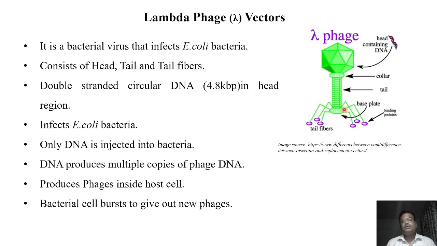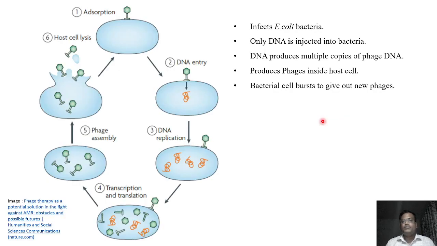So to begin with, you remember phage or bacteriophage is a virus that infects bacteria. To understand more, let us see this picture. So this is a bacteria and this is the phage, the virus that is capable of infecting the bacteria.